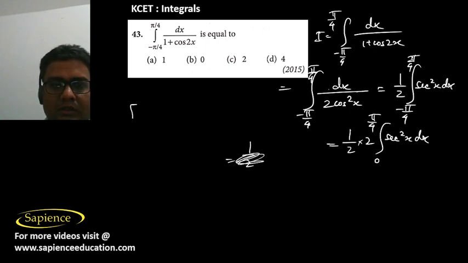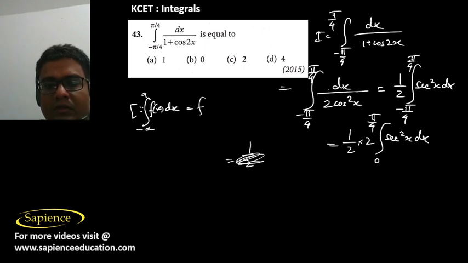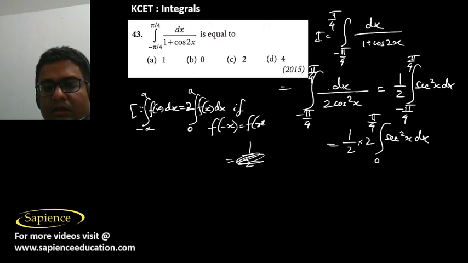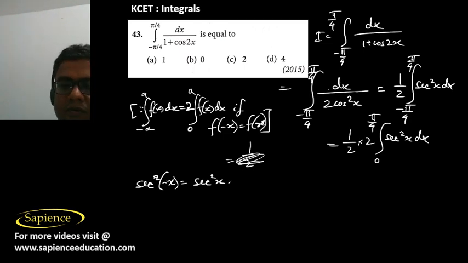Since we know that integral of f of x dx from minus a to a is equal to 2 into integral 0 to a of f of x dx if f of x is an even function, meaning f of minus x is equal to f of x. Now secant square of minus x is equal to secant square x, so it is an even function. So 2 and 2 will cancel.